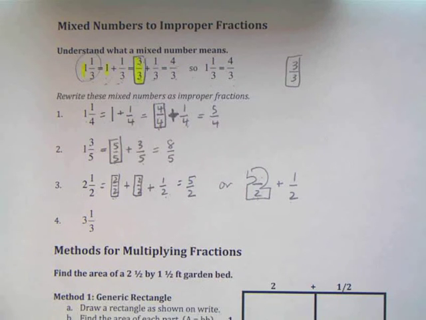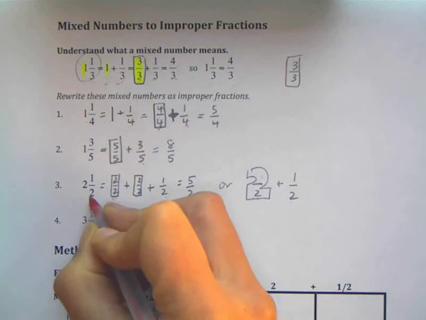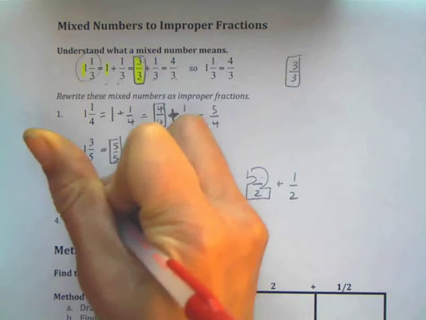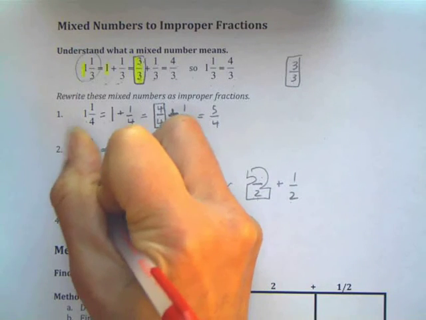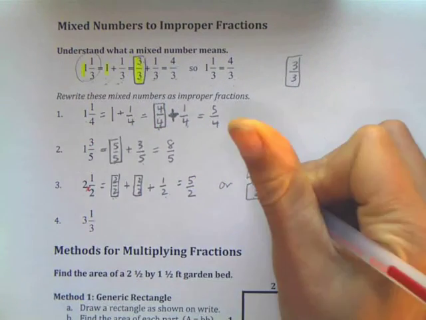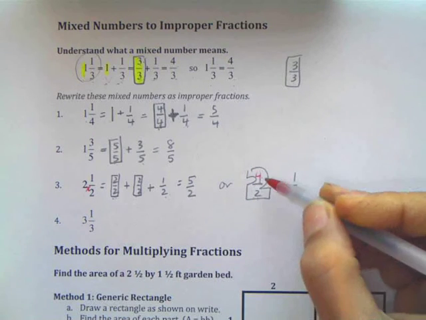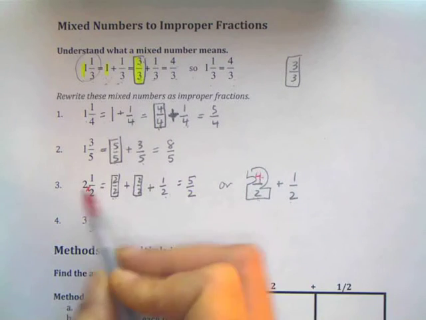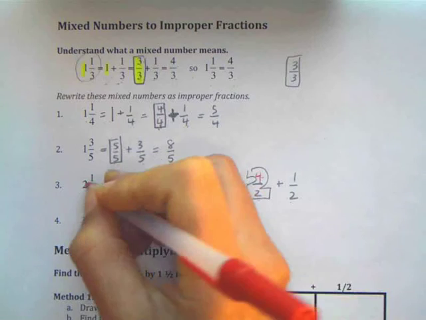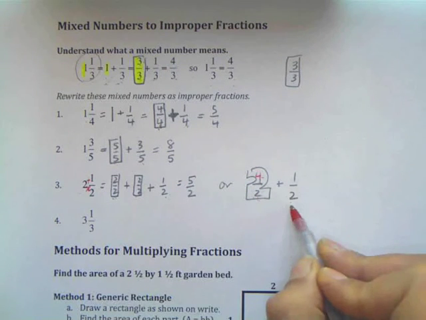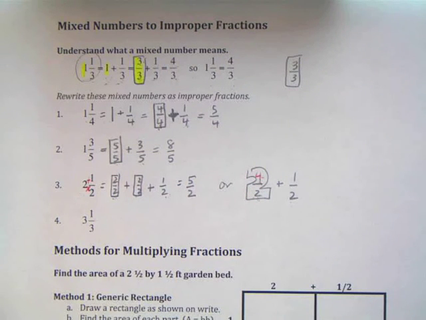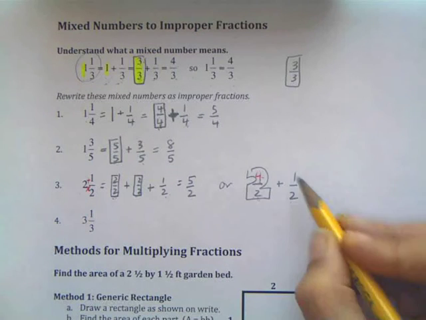Now some people have seen this little shortcut where your teachers have taught you 2 times 2. Well, 2 times 2 is 4, because 4 over 2, that's your 2 wholes, and my 1/2. So that's where that little shortcut is coming from.